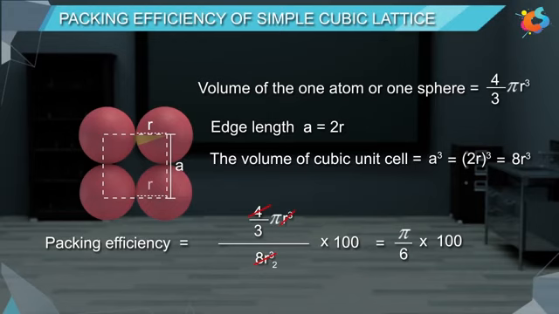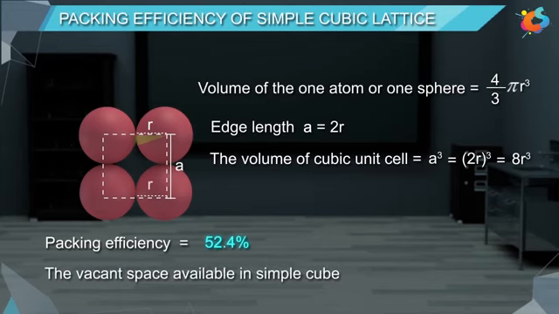Packing efficiency is equal to 52.36%, which is equal to 52.4%. The vacant space available in simple cube is equal to 100 minus 52.4%, which is equal to 47.6%.